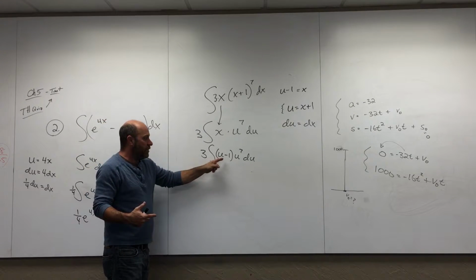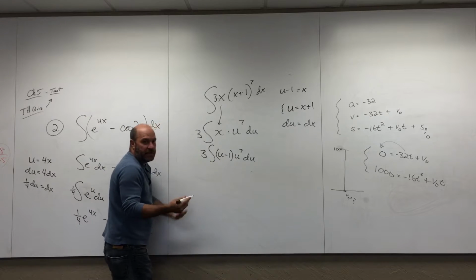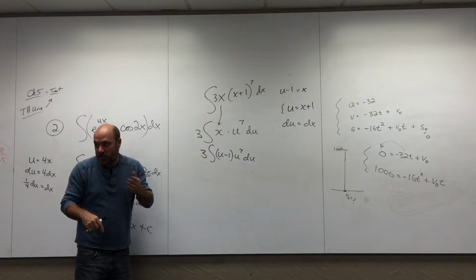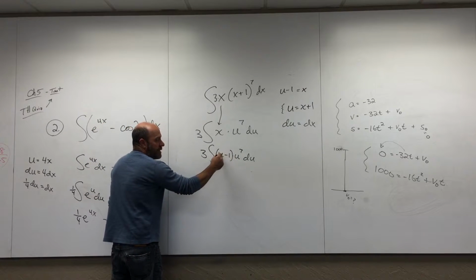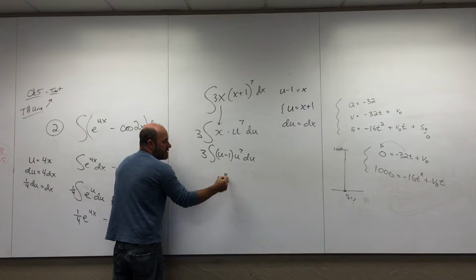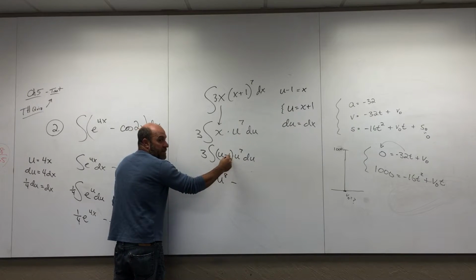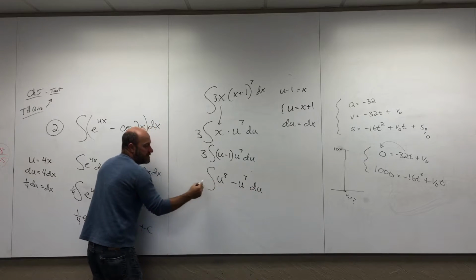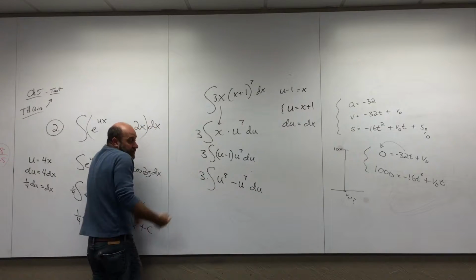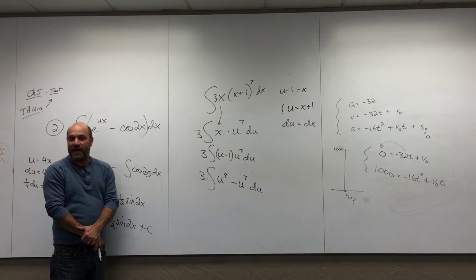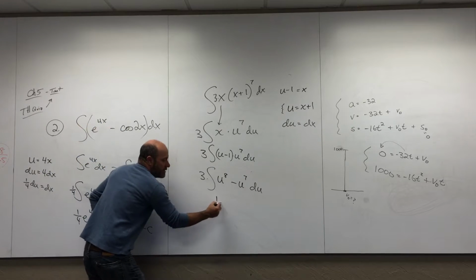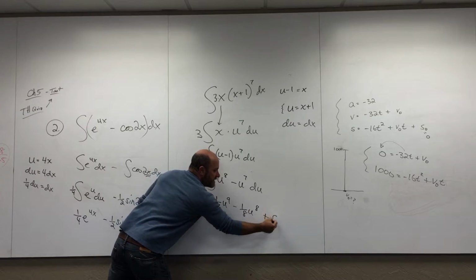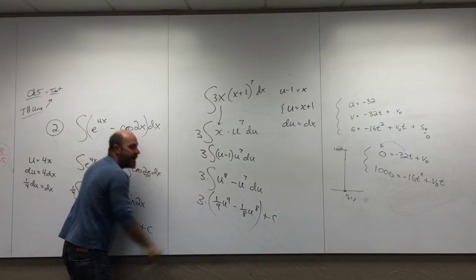It's multiplied, and you don't know how to integrate a product, so you distribute and then integrate each term. u to the 7th times u is u to the 8th. u to the 7th times 1 is u to the 7th. So it turns into this, and now you can integrate two separate little terms. They're just nice little power rules: 1/9 u to the 9th, 1/8 u to the 8th, plus c. There's a 3 in front of all that.